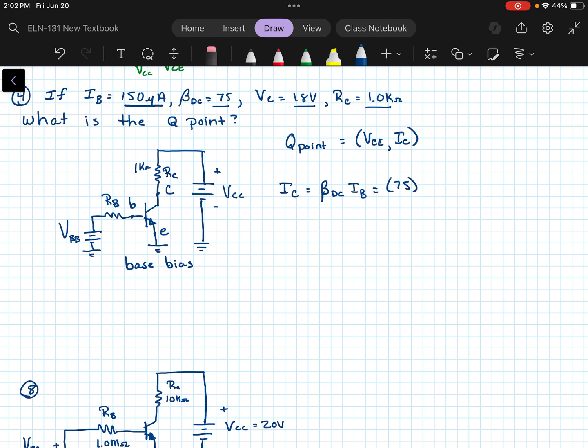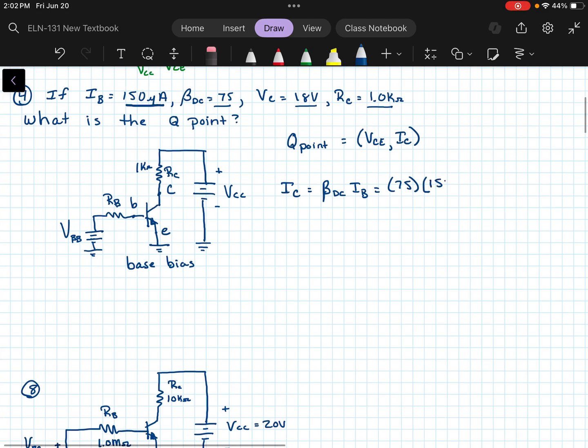So we've got 75, which is the ratio of the collector current to the base current, and that's 150 microamps. Okay, so that should give us about 11.25 milliamps for our IC.